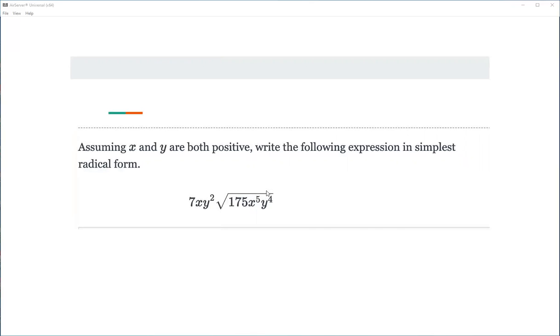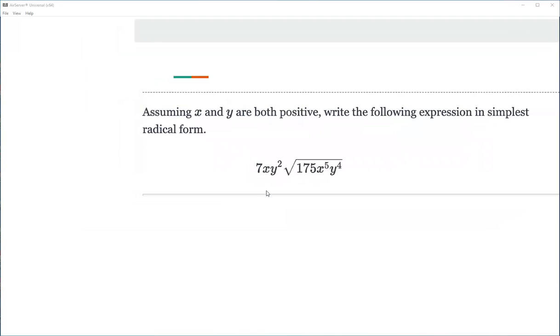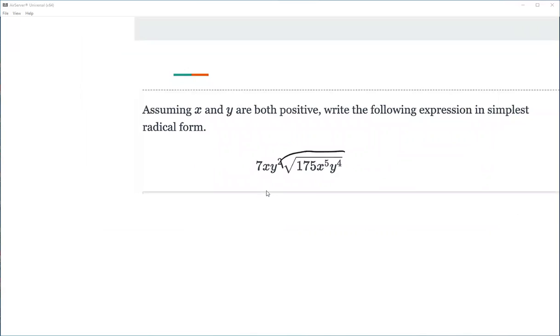Now things are getting a little more complicated. We have 7xy squared on the outside. We have the radical 175x^5 y^4 on the inside of the radical. Let's focus on this portion right here. Let's separate this out: square root of 175, square root of x to the 5th, square root of y to the 4th.